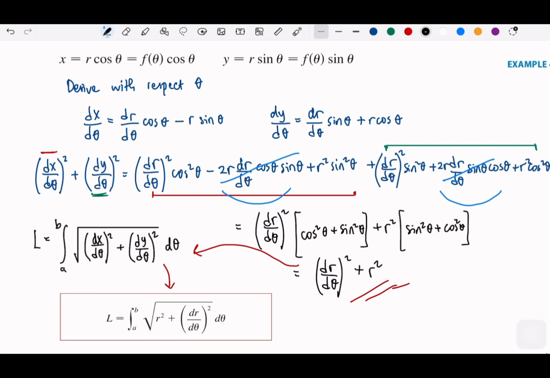As long as you know the formula, you differentiate with respect to theta, and then you can just put into these positions, and then basically that is the arc length. This is the arc length that we discussed in parametric. So this is just how we convert the parametric to the polar. To do that, we just take the conversion on x and y.